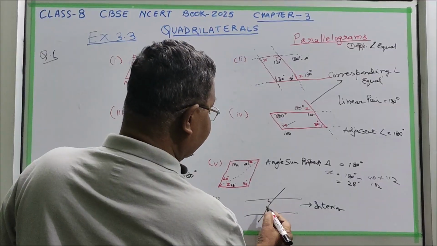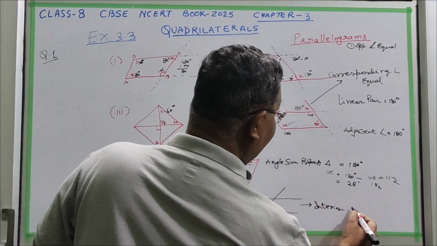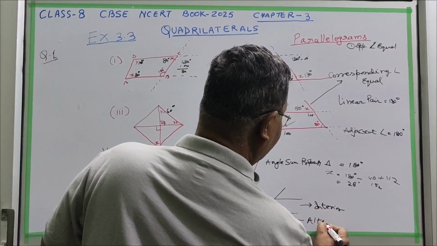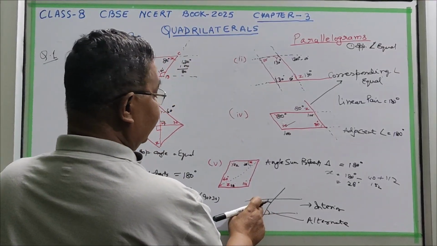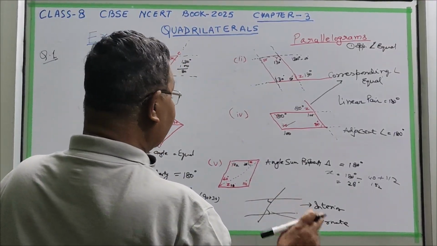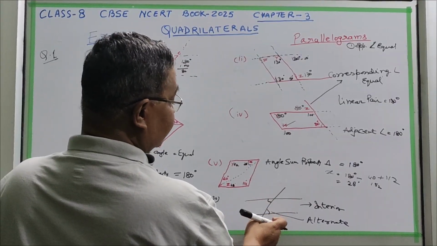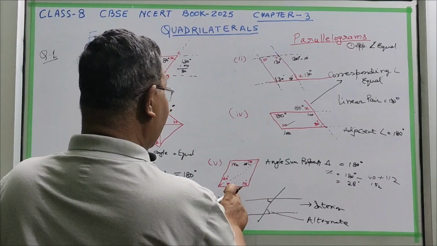So this angle and this angle, because they are on the opposite sides, are known as alternate. Okay. So alternate interior angles are always equal. That is the property of parallel lines and transverse lines. So the alternate angle of x will be equal to 28.